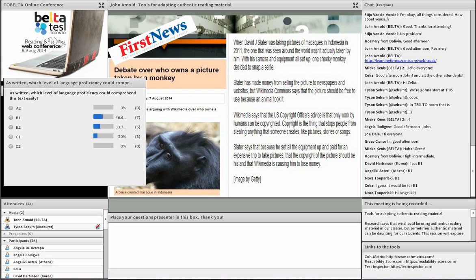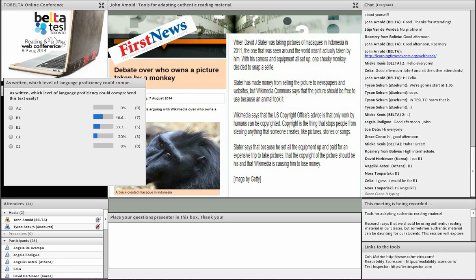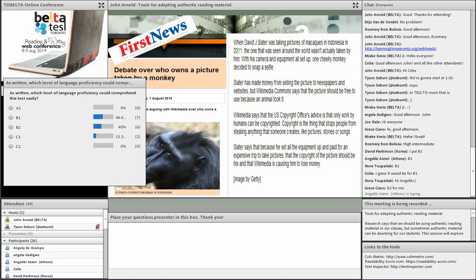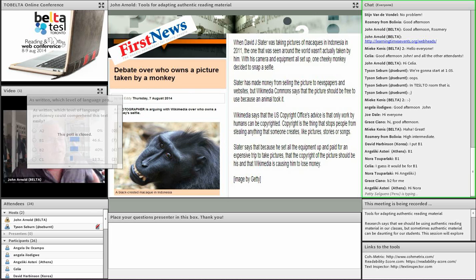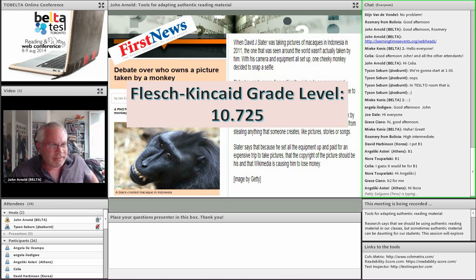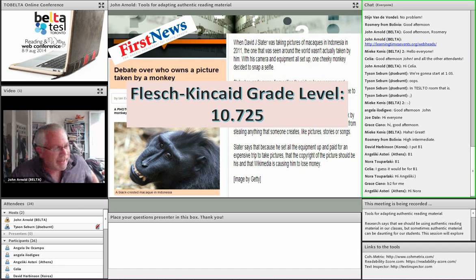Okay. It looks like a lot of people think B1, B2, a few people think C1. All right, I'm going to close the poll and show you now that this text actually has a readability level of 10th grade, almost 11th grade in America.